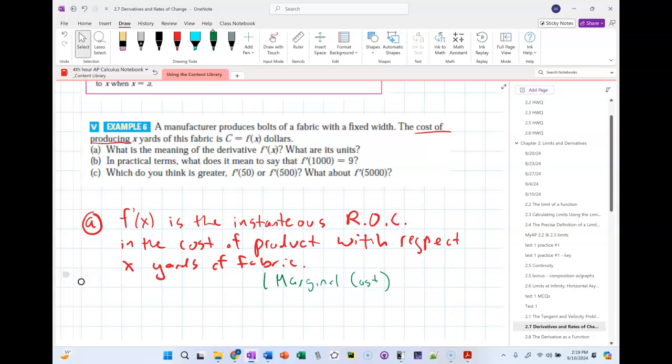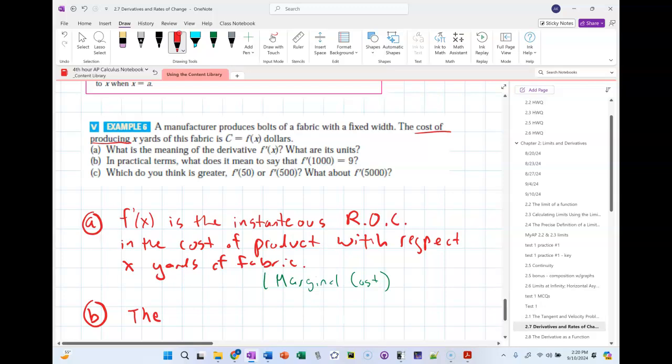Part B says, in practical terms, what does it mean to say that f prime of 1,000 is equal to 9? Okay, econers, the marginal cost when x is 1,000 is 9. What is that saying?